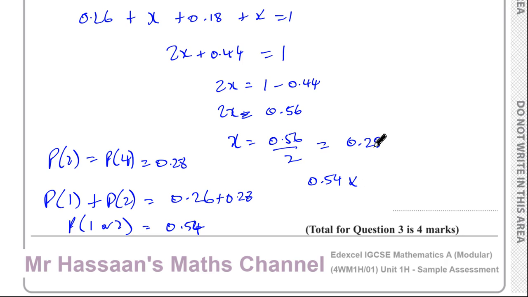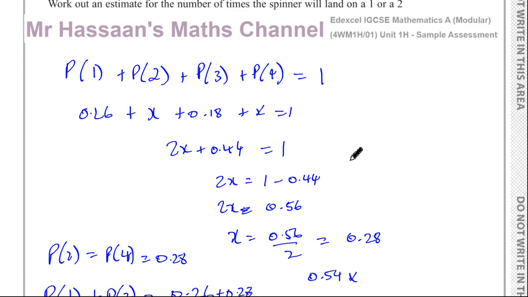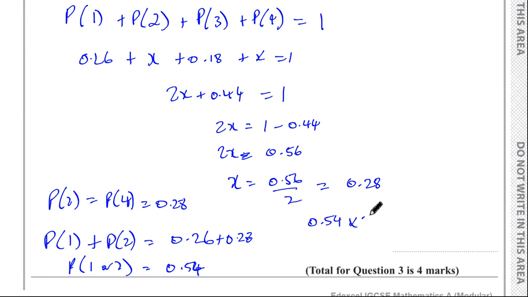If you multiply that by the number of times that it's thrown, which is 250, so you multiply this by 250, that will give us the number of times it's likely to land on a 1 or a 2. Okay, so this is the number of times it is expected, and it's an approximation, so it's not exact, to land on 1 or 2.